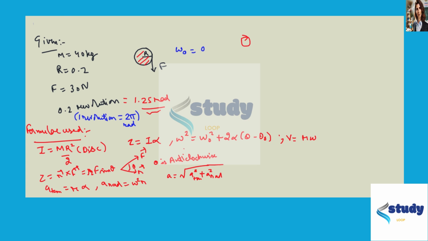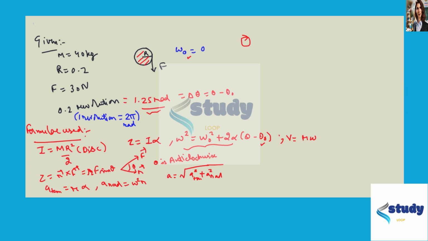Now we have the equation for angular velocity: omega square equals omega naught square plus 2 alpha times theta minus theta naught. Theta naught is the initial angle and omega naught is the initial angular velocity. In this situation, the disk is at rest initially, so omega naught equals 0, and we can take theta naught equals 0, so theta minus theta naught is delta theta.